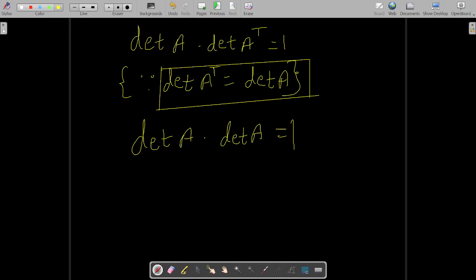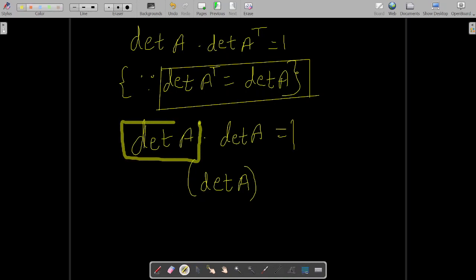Now consider this whole thing to be a single quantity. As both of those are single quantities, I can write determinant of A whole squared is equal to 1.